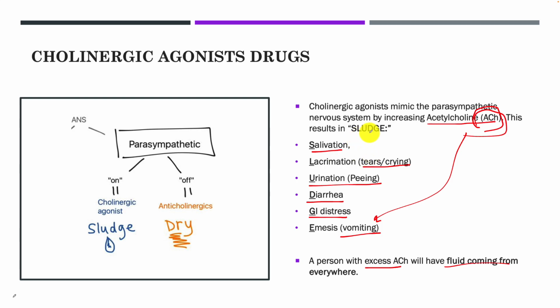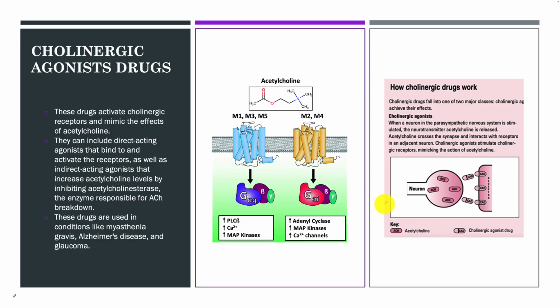So an agonist could increase all of these things and an antagonist could decrease all of these things. And that's how we hijack those receptors in the parasympathetic nervous system to turn these things on and off, or turn them up or turn them down. If you look at these receptors here, what kind of receptor is that?